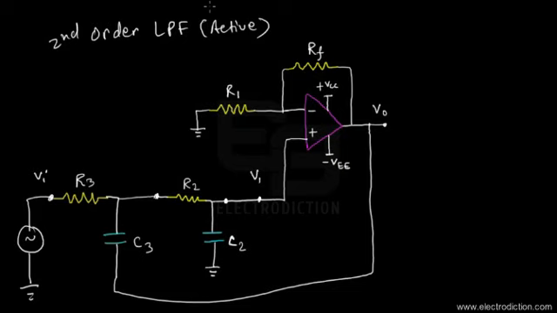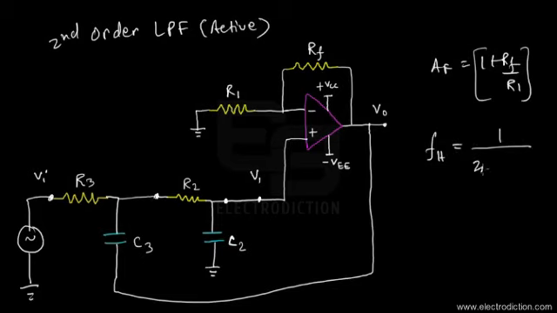For this particular circuit, although the gain provided by the amplifier is the same as before, that is AF, which equals 1 plus RF by R1, although this remains the same, the upper cutoff frequency expression changes a little bit. It becomes 1 divided by 2 pi, root over R2 R3 C2 C3. So that's how the upper cutoff frequency expression changes.